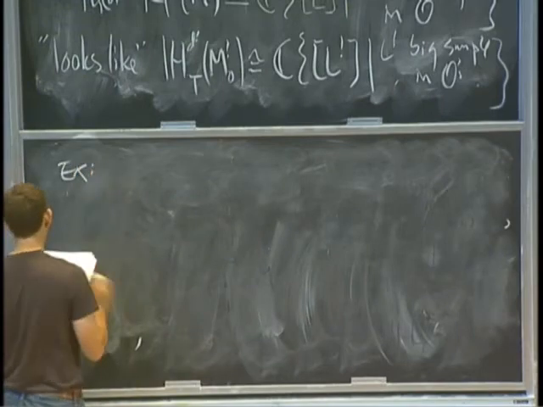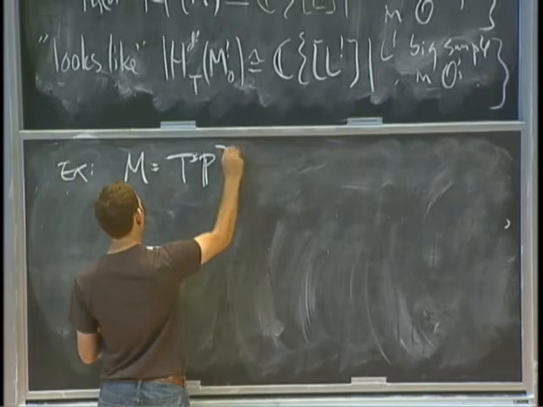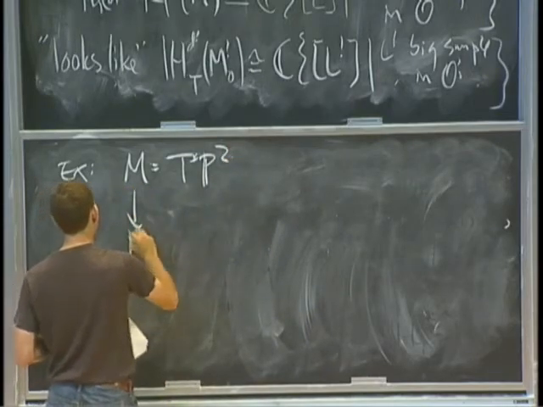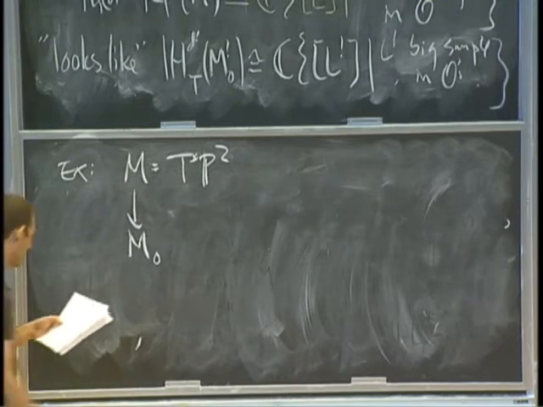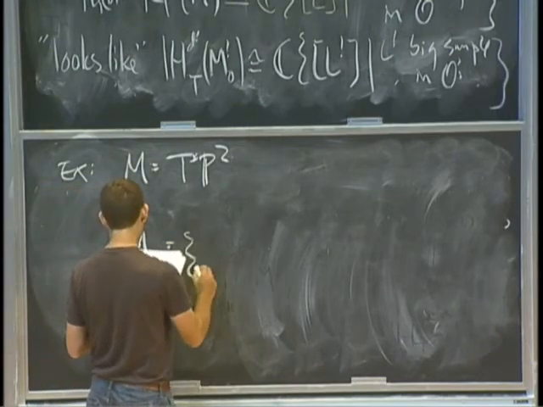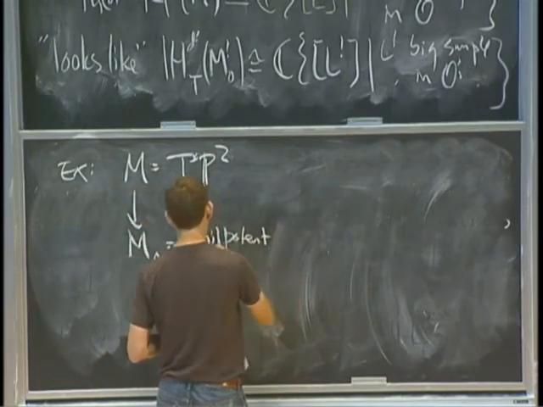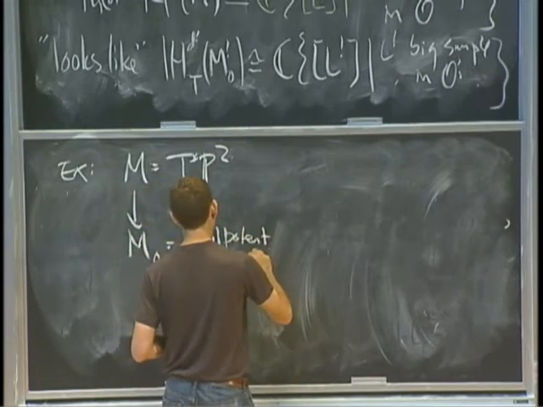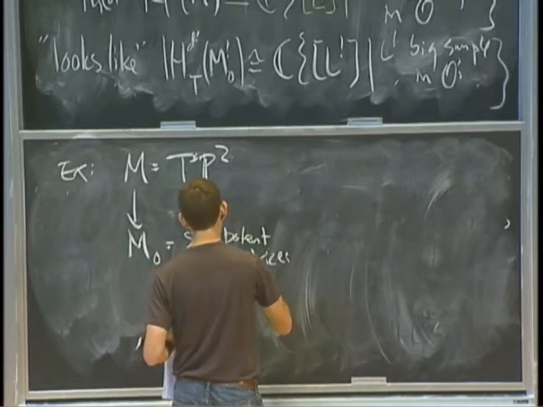So on one side, we're going to have T star P2, which resolves spec of functions on T star P2. I'll tell you what that is. That's going to be nilpotent 3×3 matrices of rank at most 1, 0 or 1.